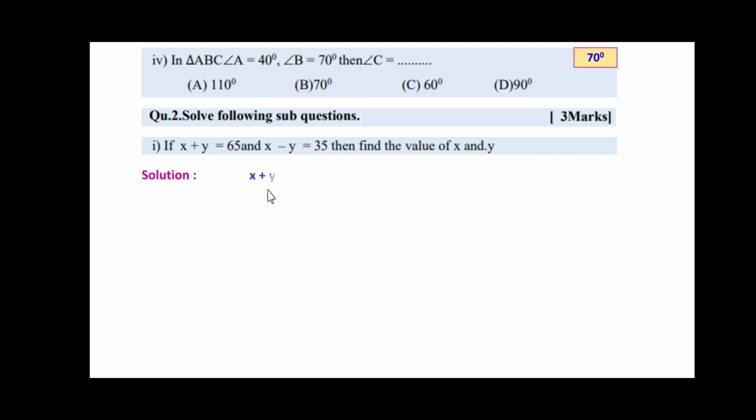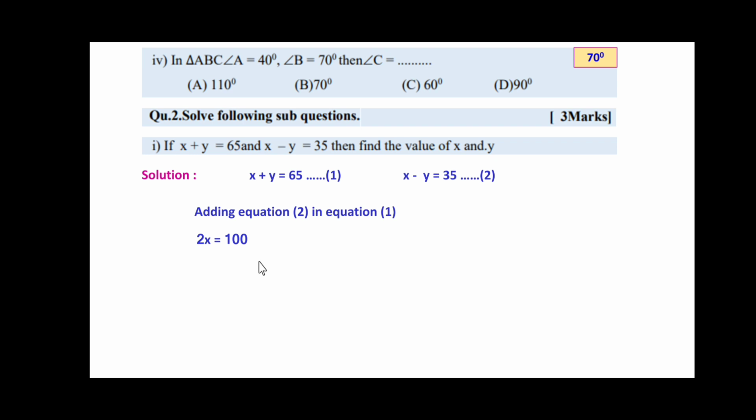That is, x plus y is equal to 65, equation 1, and x minus y is equal to 35, that is equation 2. In equation 1, plus y is there, and in equation 2, minus y is there. If we add these, the y terms cancel. So adding equation 2 to equation 1, we get 2x is equal to 65 plus 35, that is 100.